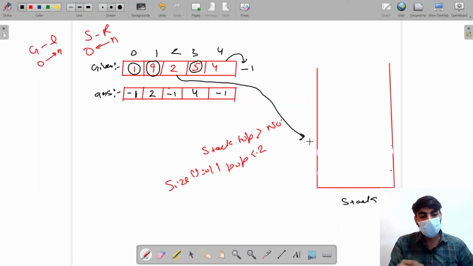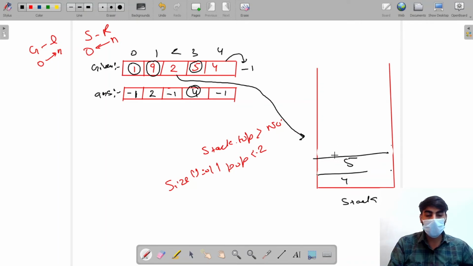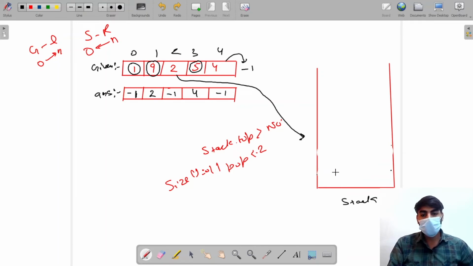Like we have 4 here, then we push 5 and put 4 in the array. For 2, if our number is smaller than the number on the top of the stack, we pop the number from the stack, and if the size becomes 0, we put -1. So I hope you understand the above approach.